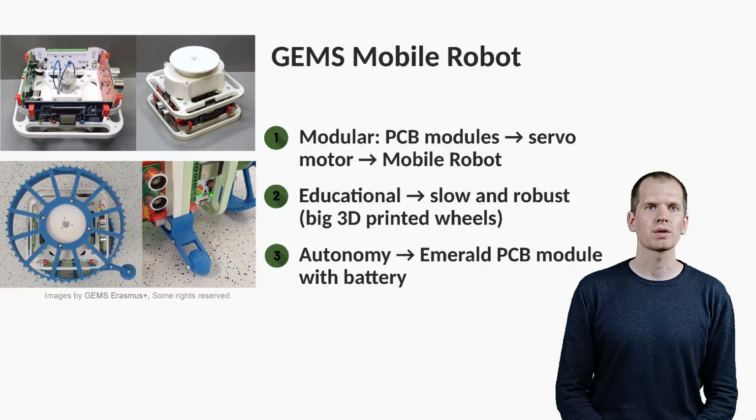And servo motors are also modular, consisting of three parts: the base, the gearbox, and the output shaft. Building blocks for the base are GEMS PCB modules. Each module has its specific function. Green PCB Emerald is the battery power supply, red PCB Ruby is for sensoric, blue PCB Sapphire for communication, and white PCB Diamond for control.